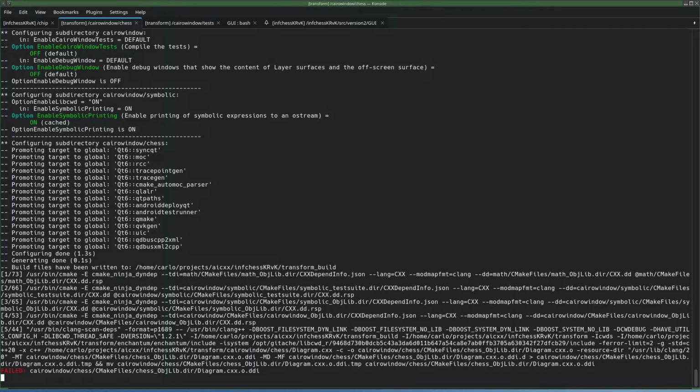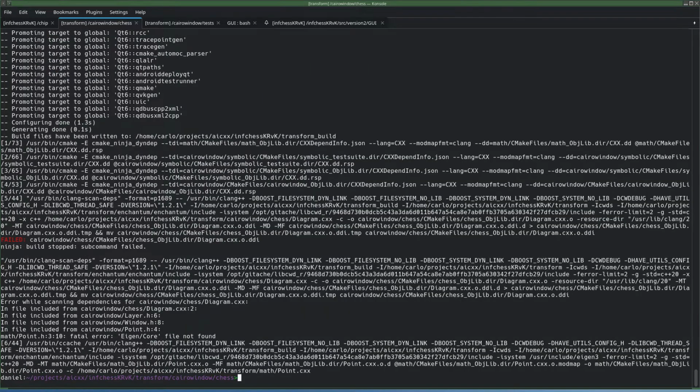We still fail on file not found. So trying to compile this in what directory?